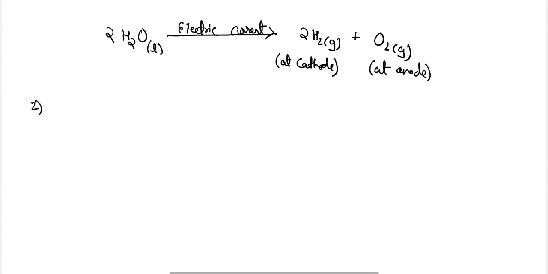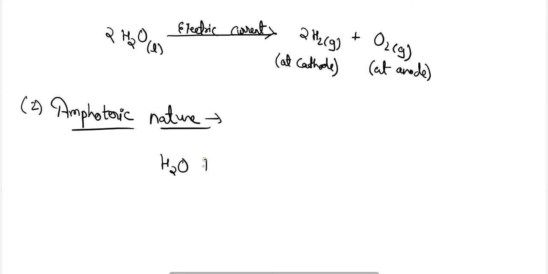The second chemical property of water is the amphoteric nature of water. Amphoteric nature means when water is reacted with a base, it will act as an acid, and when it is reacted with an acid, it will react as a base. So it possesses both acidic and basic nature.